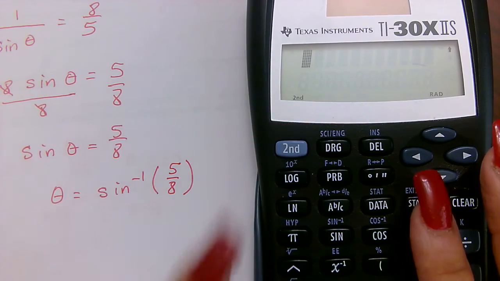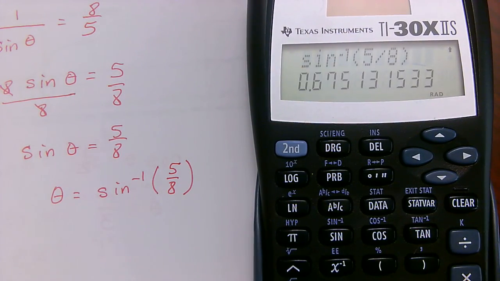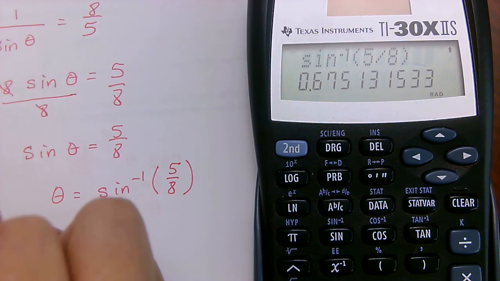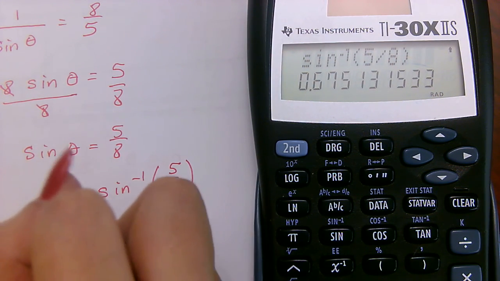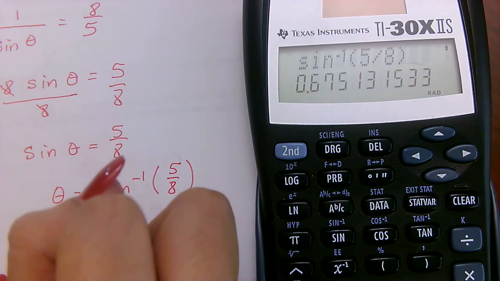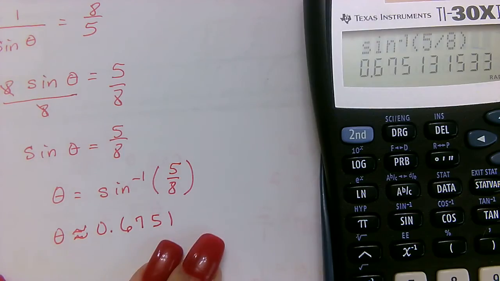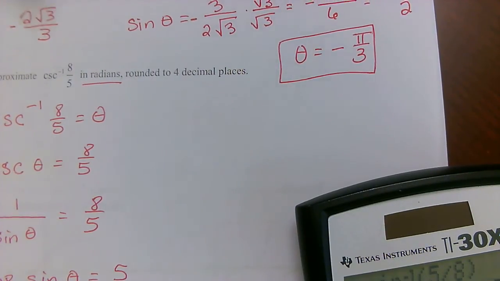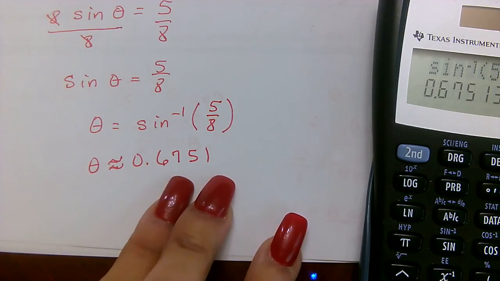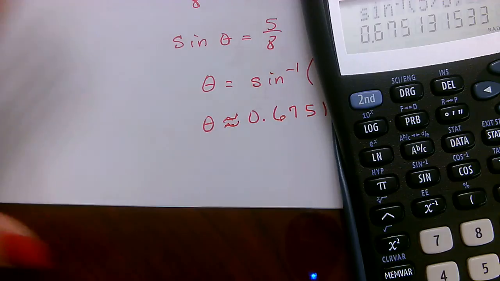Okay, so I'm going to do second sine 5 divided by 8, close it, enter, and here I get theta to be approximately 0.6751 radians. It said to go to 4 decimal places, so I went to 4 decimal places. No degree sign. This is in radians.